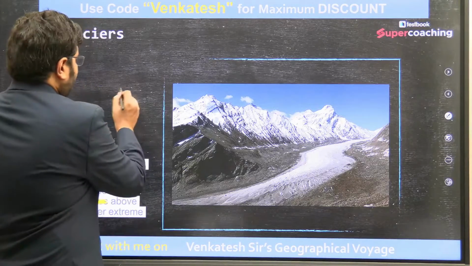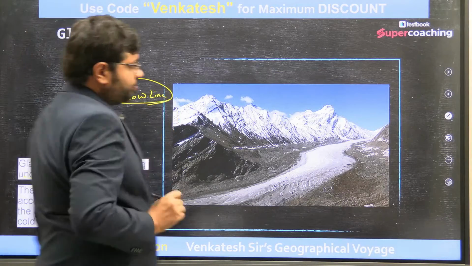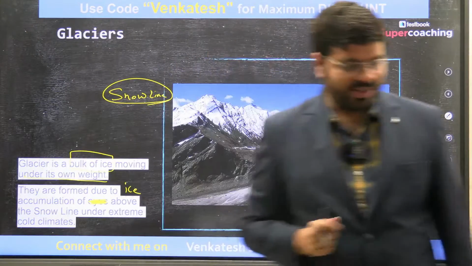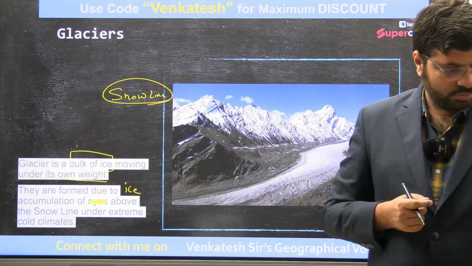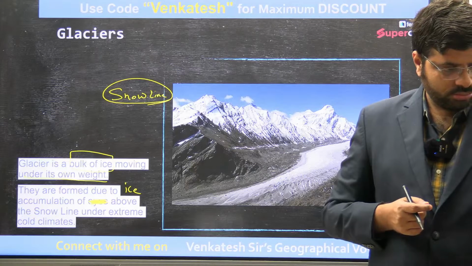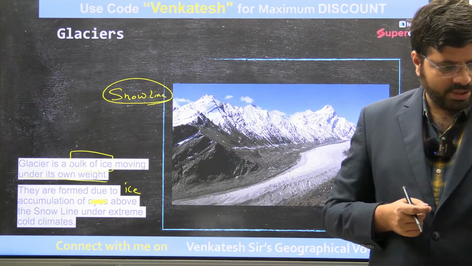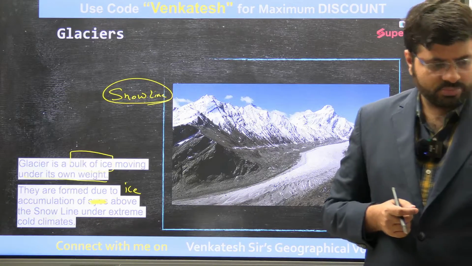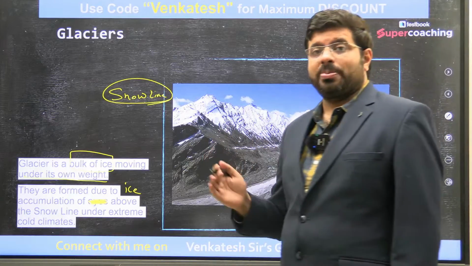Can you explain what is a snow line here? Anyone? The snow line is the line beyond which there is perpetual snow.